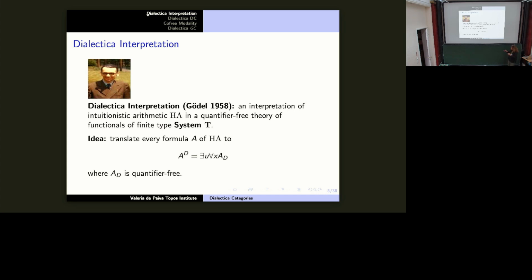And then second trick is to translate every formula A of Heyting arithmetic, which is the constructive version of arithmetic, into a formula of this shape: exists U for all x, A_D. And this is a recursive translation until you get into an A_D that's quantifier free.